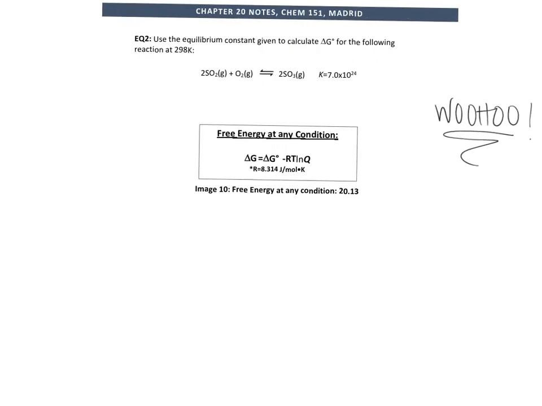Okay, so looking at example question 2, it says use the equilibrium constant given to calculate delta G naught for the following reaction at 298 K. So we have sulfur plus sulfur dioxide plus oxygen gives sulfur trioxide, and that's a K value of 7.0 times 10 to the 24.